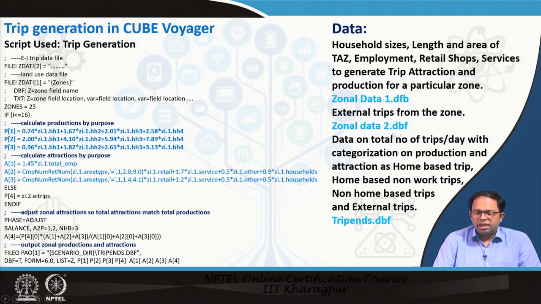Finally, in zonal data 2 DVF, we have data on total number of trips per day, categorized into productions and attractions, home based work trips, home based non-work trips, non-home based trips, and external trips. So, these are the total data that is required.